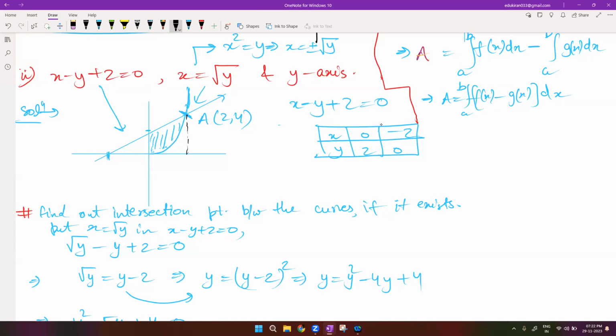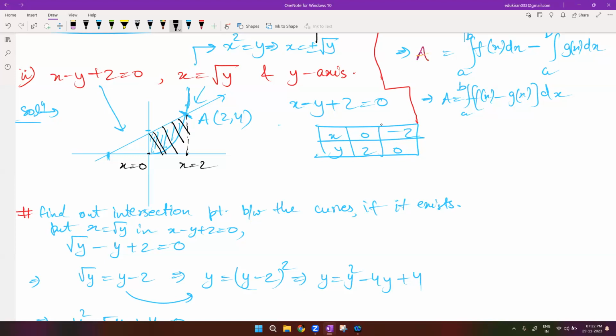So if I integrate this straight line from x is equals to 0 to x is equals to 2, then I will get this whole area shaded by black ink, this black portion.